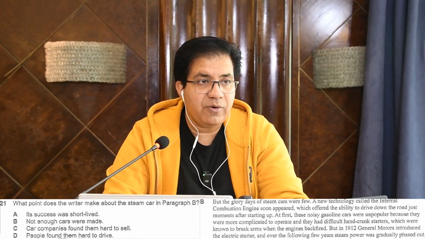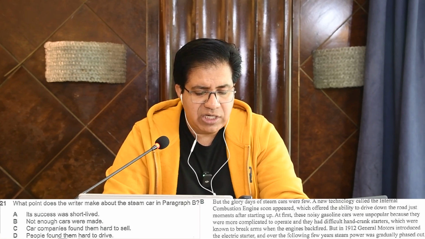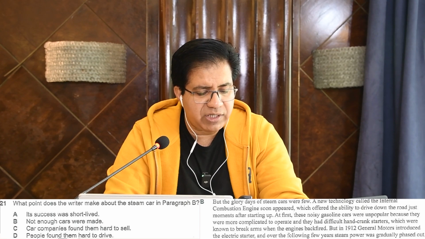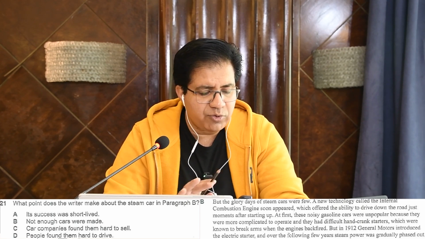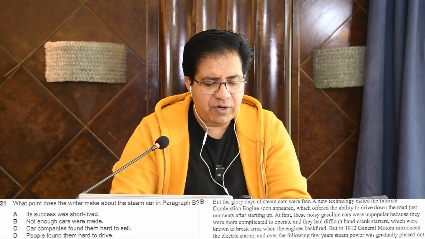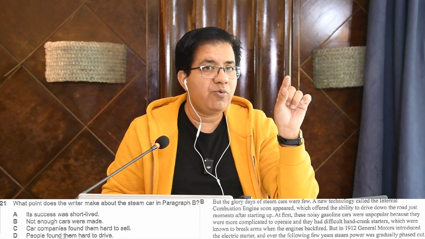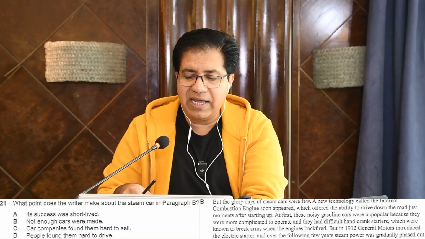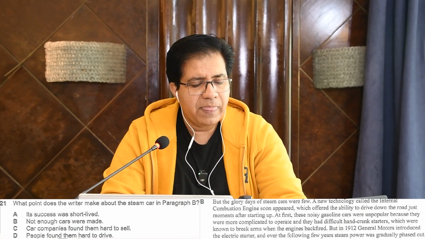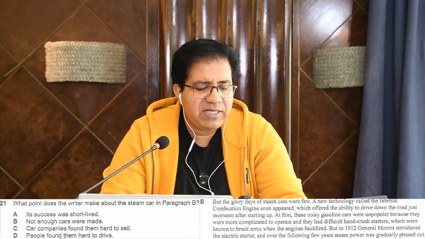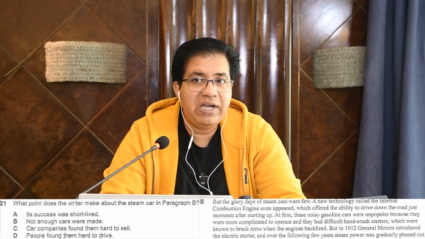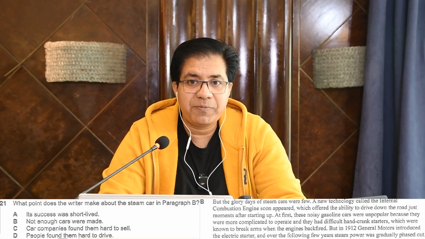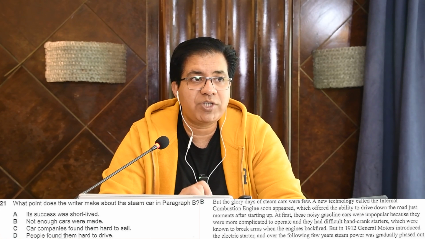A new technology called the internal combustion engine soon appeared, which offered the ability to drive. So what happened? Glory days of steam cars were few. Keep this in mind. Option A, its success was short-lived. Success means glory days. Short-lived means few. So right answer is option A.